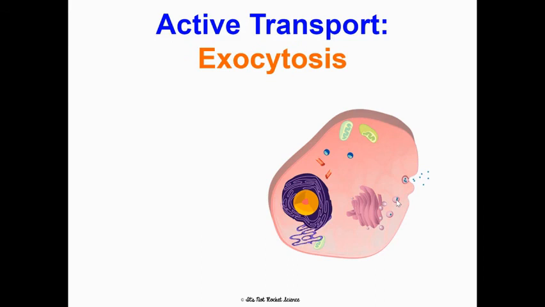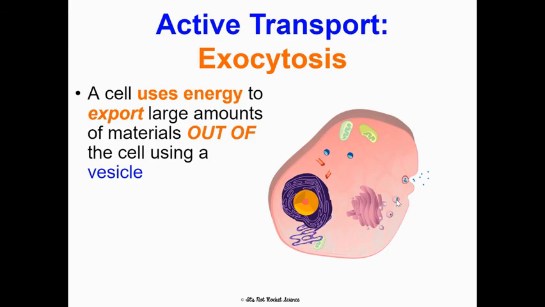The opposite of this process is exocytosis. So endo is like endocytosis, and exocytosis is exit cytosis. So, leaving the cell, exiting the cell. And this is where a cell uses energy to export large amounts of material out of a cell using a vesicle.